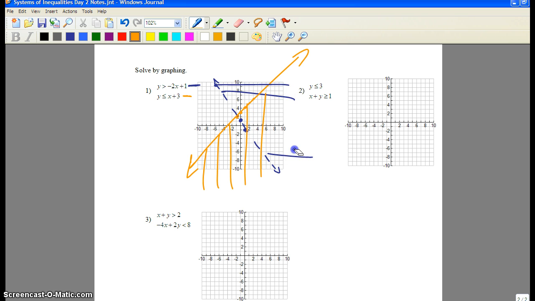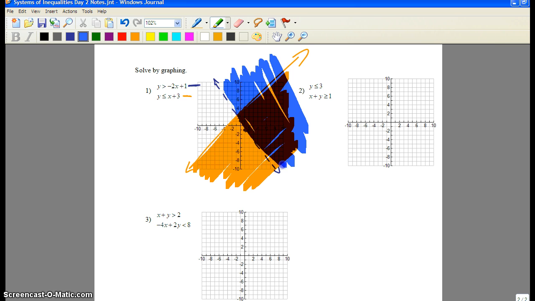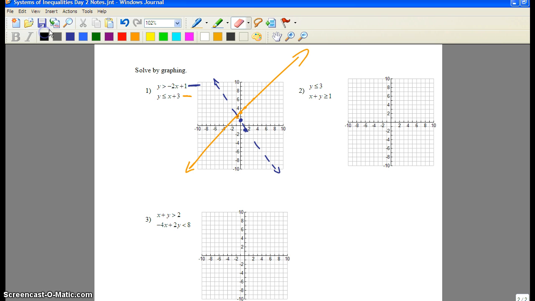And if that doesn't help you, grab some highlighters, conveniently highlighters that match the colors that you're using to graph lines. And where they overlap, see where they overlap? I know, doesn't that look cool? Or you can do the thing that we just did at the beginning. I like to do the little arrows because I don't like using different colors.